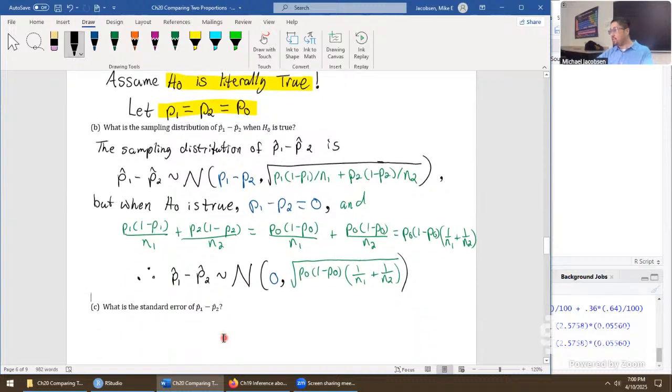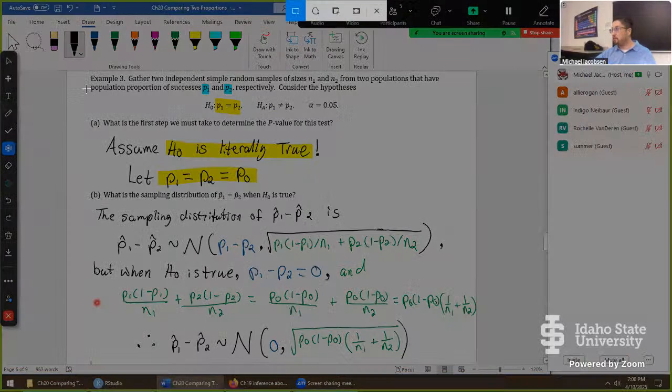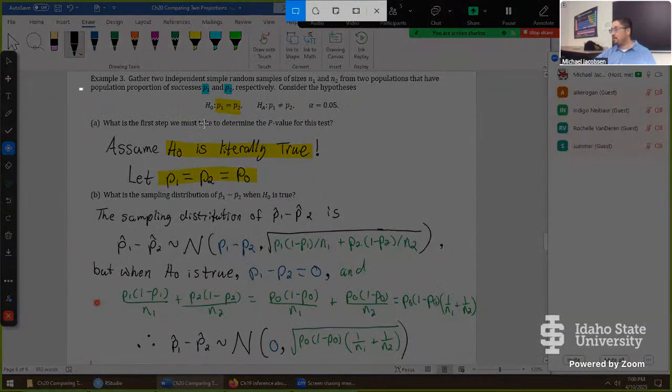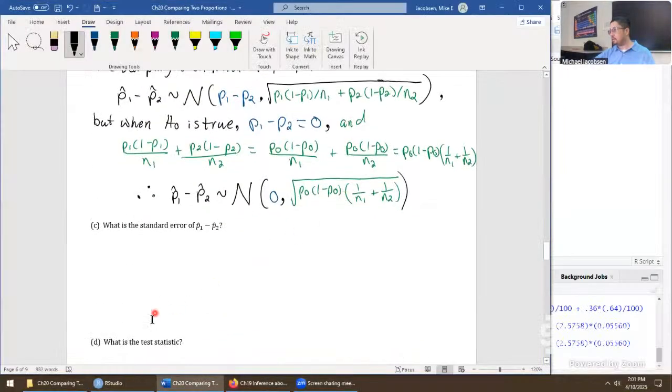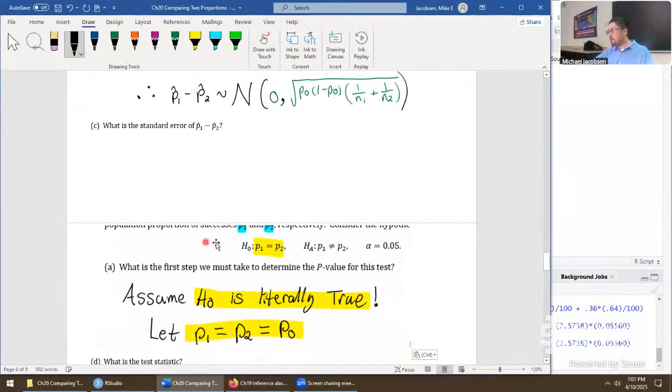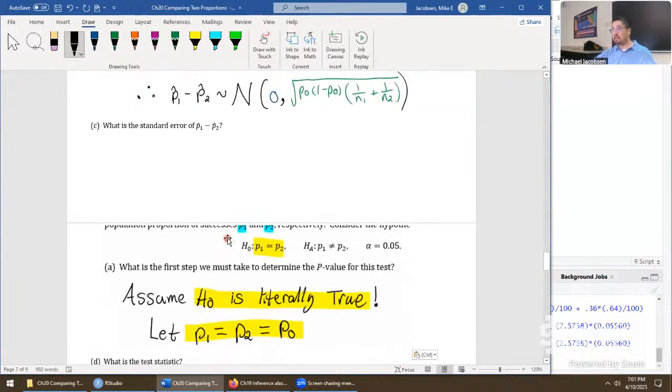But this gets even crazier on the next step. So let's be really mindful of how the next part goes as well. If we're going to do the standard error, p hat 1 minus p hat 2, it's a whole new standard error, absolutely.